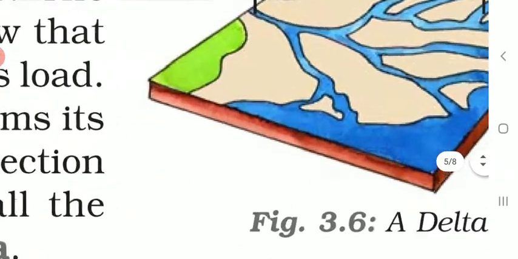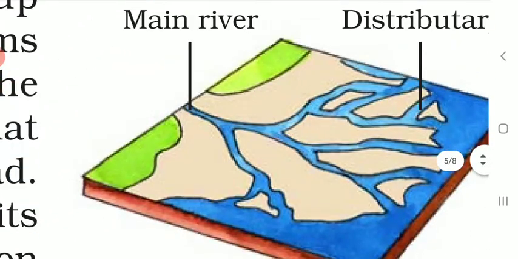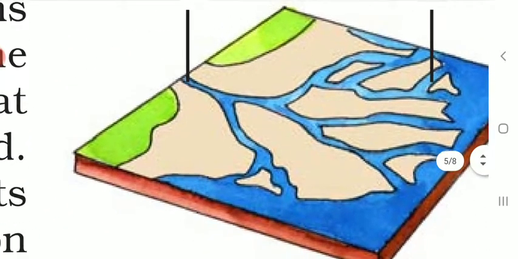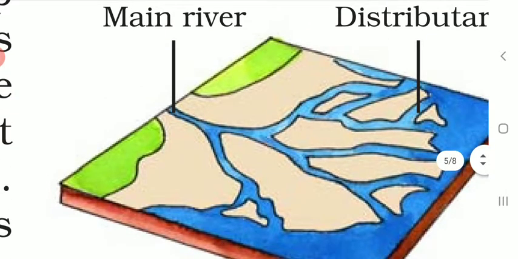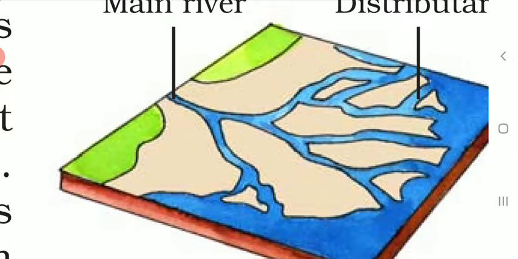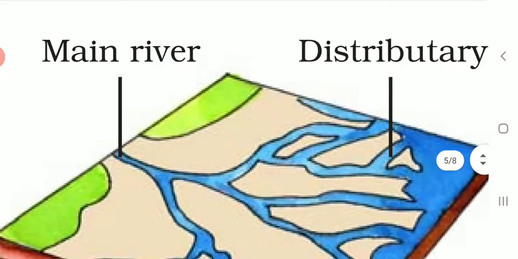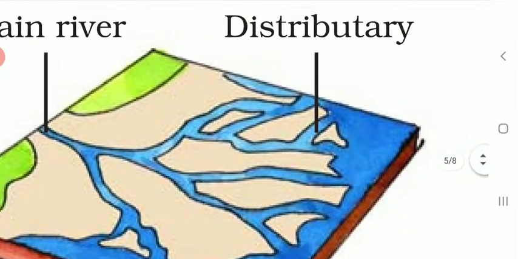And then, due to deposition of this very fine soil at the mouth of the river, it forms the delta. And when the deltas are forming, automatically they are breaking the one stream of the river water into numerous channels. These channels of the river are called distributaries.